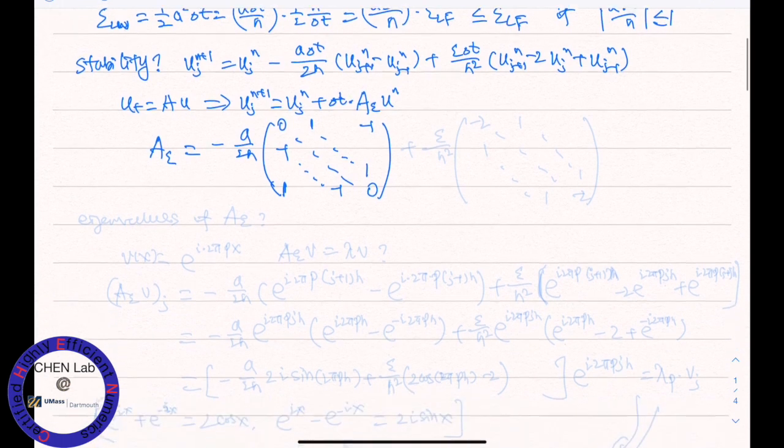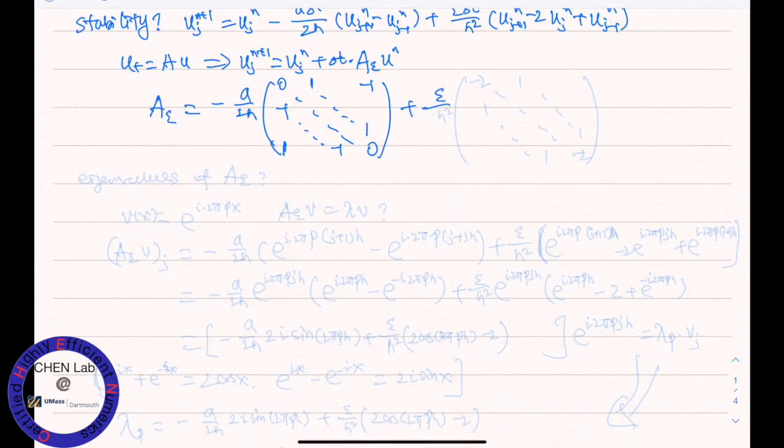Now what we're adding is epsilon over h squared times the standard matrix, which we dealt with when we started the elliptic equation, with negative 1, 2, negative 1 entries. So we're studying its eigenvalues: what are the eigenvalues of this matrix A_epsilon?